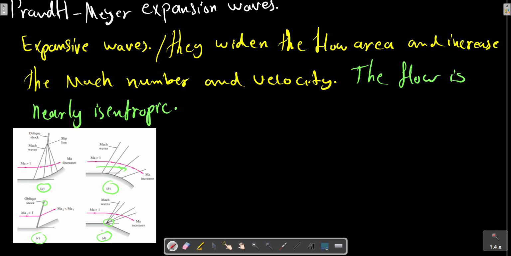The cases in this picture, cases A, B, and D, can all be handled by the Prandtl-Meyer supersonic wave theory of this section.